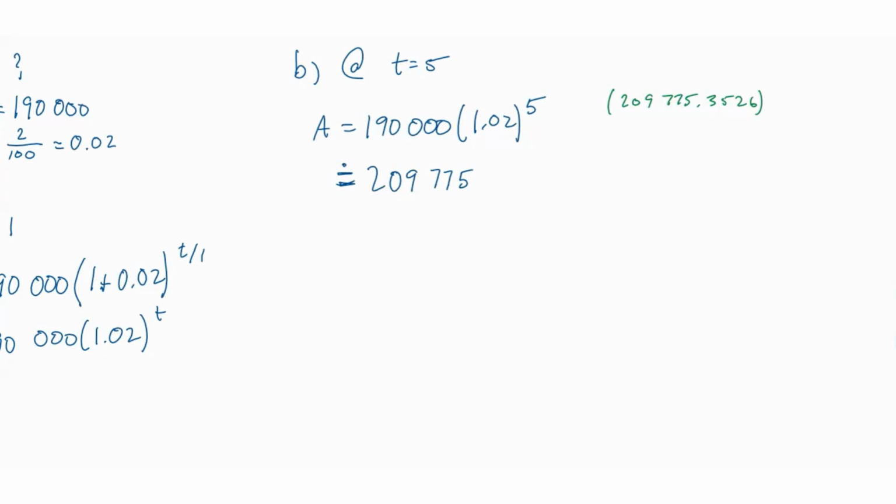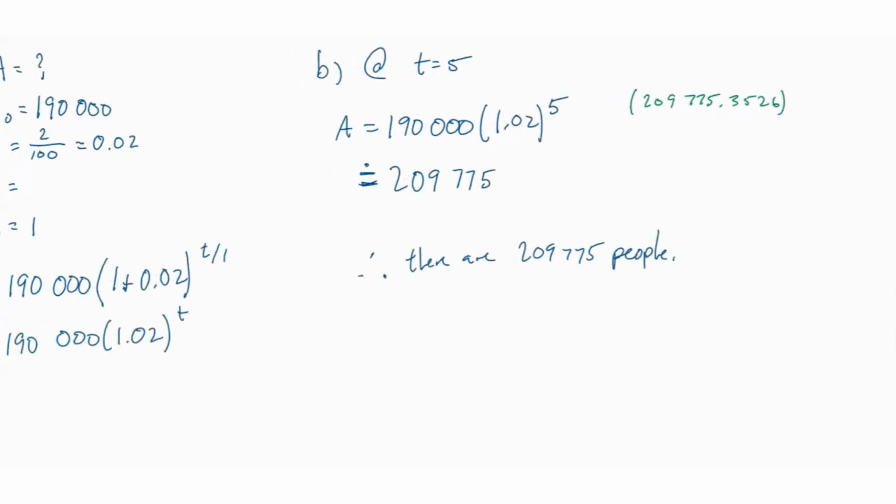So whether it's 770 or 774 or 776, you wouldn't know, but that's a prediction of what would happen. And we'd say, therefore, at 5 years, the population is approximately that. All right. Any questions? Moving on.